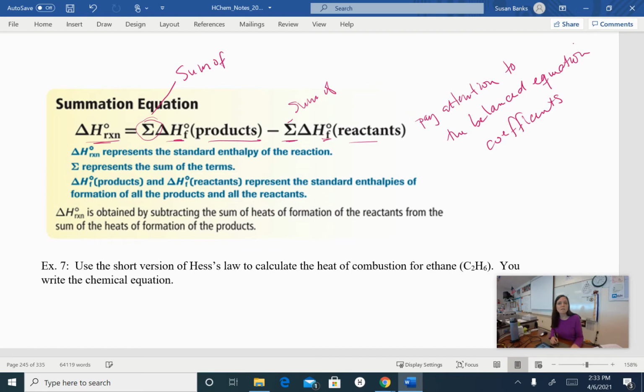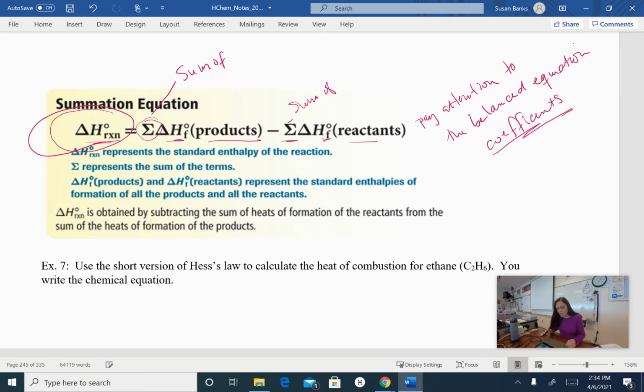Because if there's water in an equation, for example, if there's 4 waters, we have to multiply that heat of formation of water by 4 because there's 4 waters. So we have to pay attention to those coefficients when we're summing things up. So we add up all the products, those heats of formation, we add up all the reactants, all those heats of formation, and we take the products, we subtract the reactants, and that will give us the heat of the reaction. It's a lot easier than constructing and deconstructing everything.